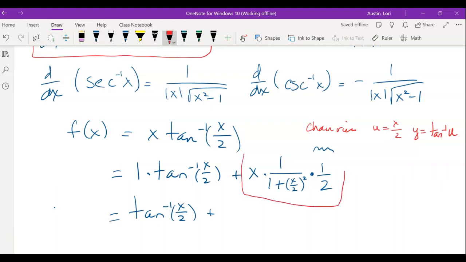You can totally clean that up. What does that look like? There's an x over 1 plus x squared over 4 times a half. So this is like a half. That becomes an eighth.